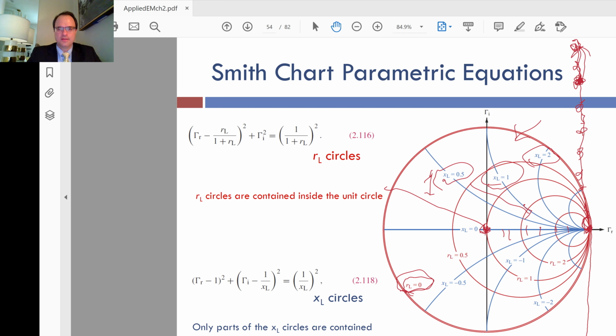For a load, there are going to be certain numbers, and what the Smith chart does is provide you with a connection that associates the RL and XLs, the normalized impedance components, with the reflection components, gamma sub R and gamma sub I. But we have to put both of those things on the same chart.